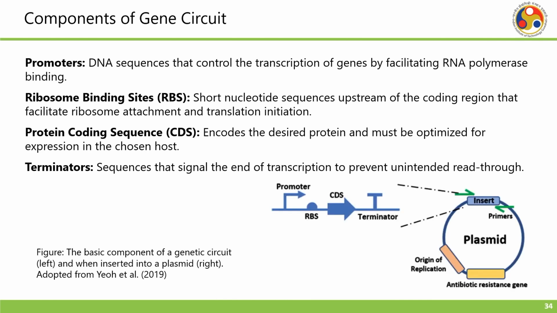So, in this figure you can see the basic components of a genetic circuit: the promoter, ribosome binding site, protein coding sequence and the terminator, which together constitute the insert, and this is cloned into a vector which may be a plasmid.